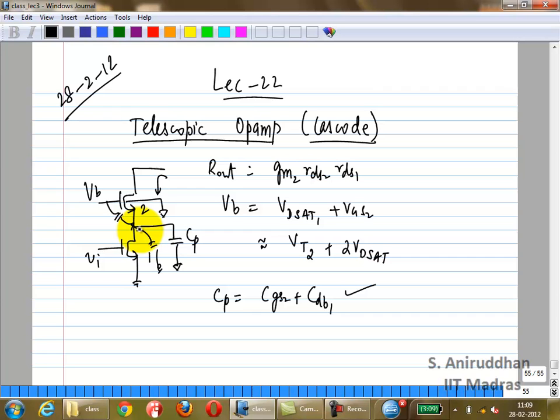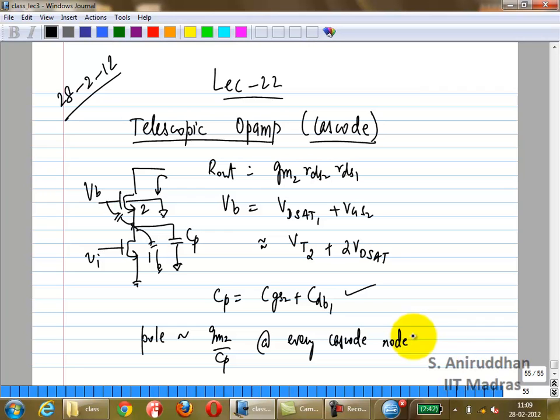It's approximately 1 over gm2, so you will most probably get a pole at gm2 over CP. Correct? And you'll get this at every cascode node. So wherever you add a cascode, you'll get this.